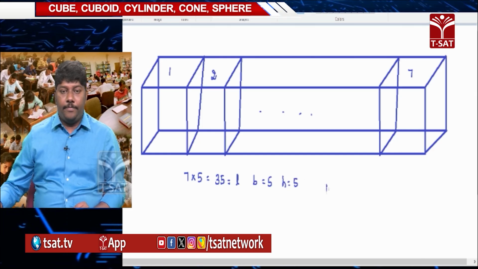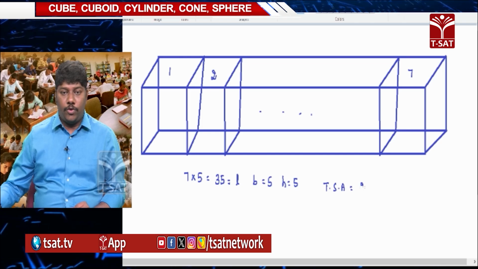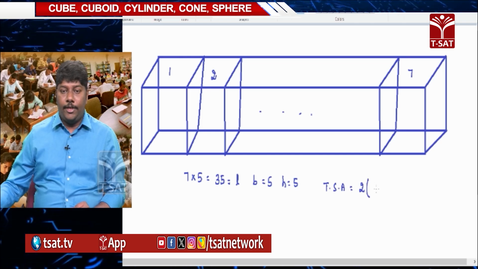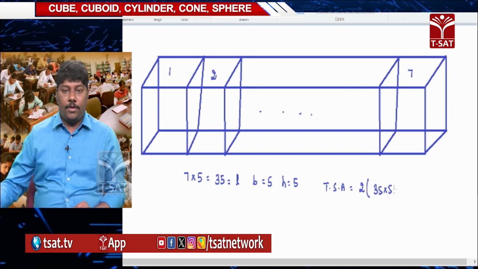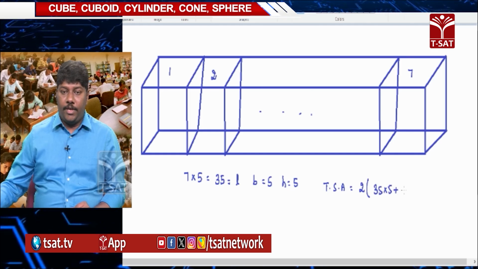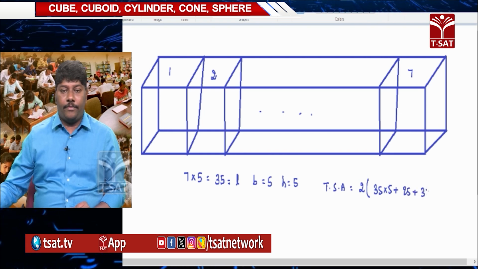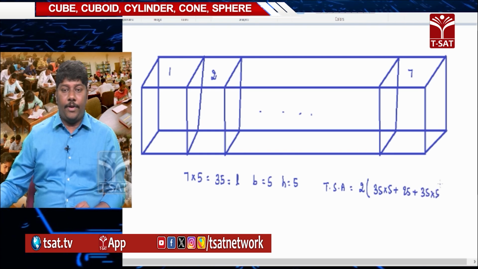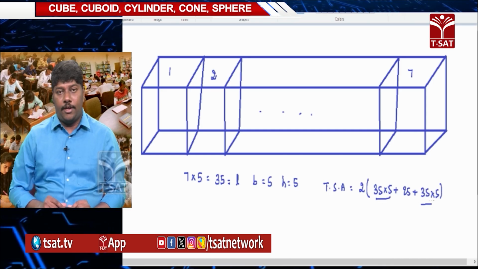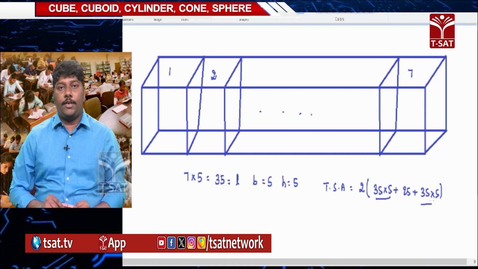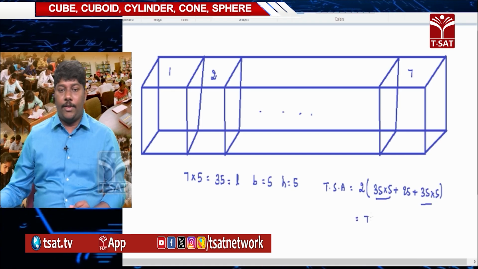Total surface area is equal to 2 into L into B, 35 into 5, plus BH 5 into 5, 25, plus again 35 into 5. 35 into 5 and 35 into 5 becomes 35 into 10, that is 350, plus 25, 375, into 2. Total area is 750.